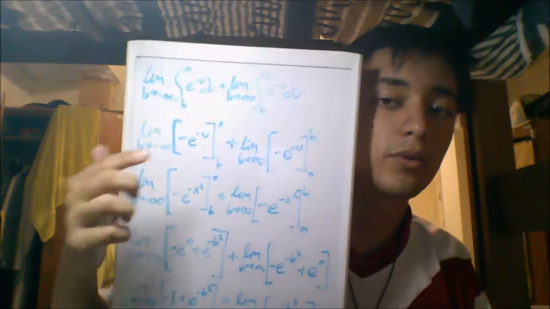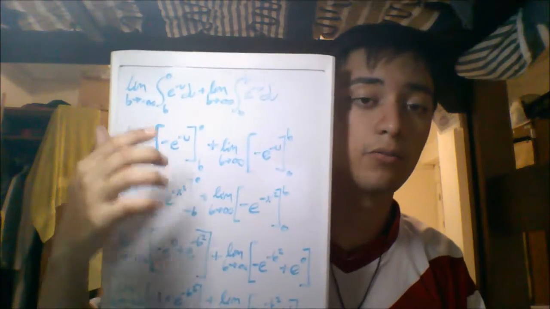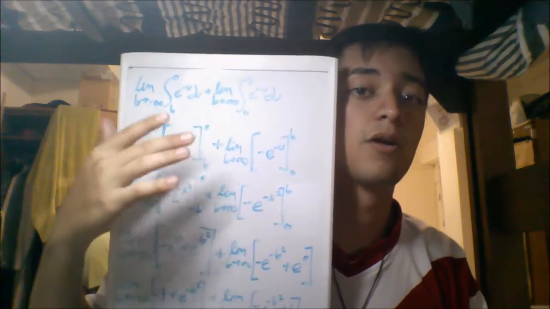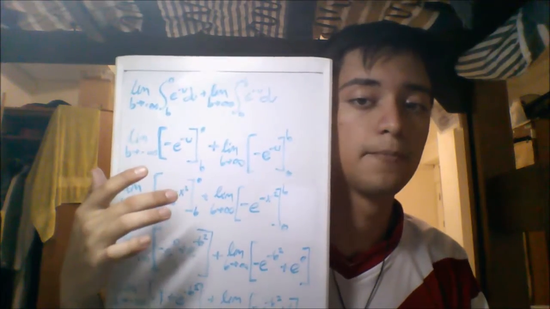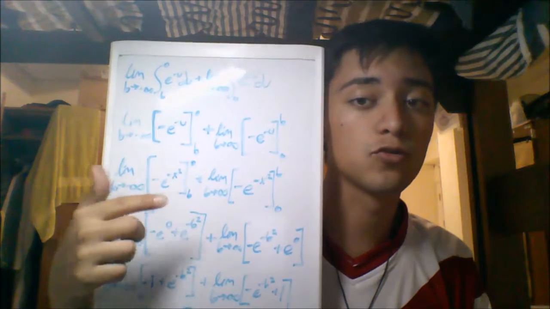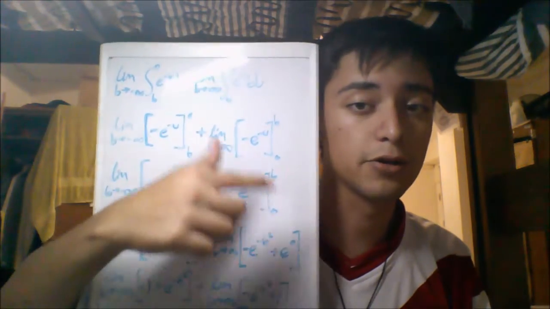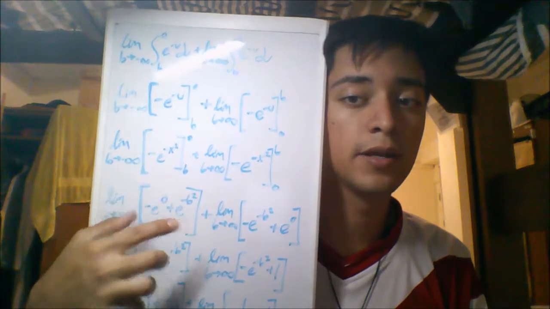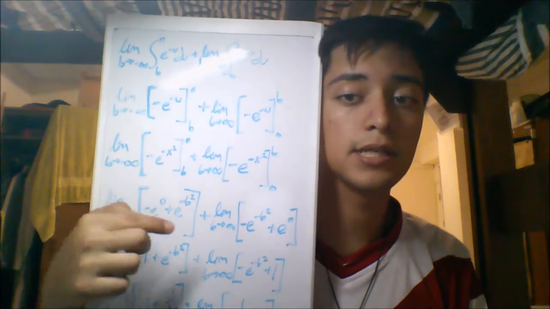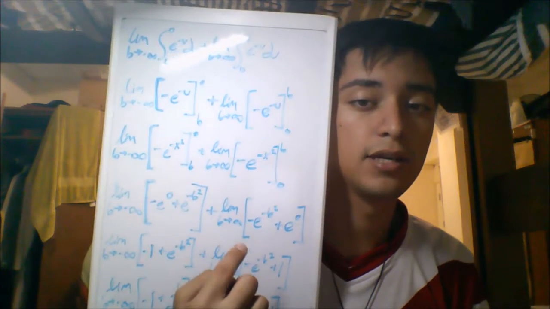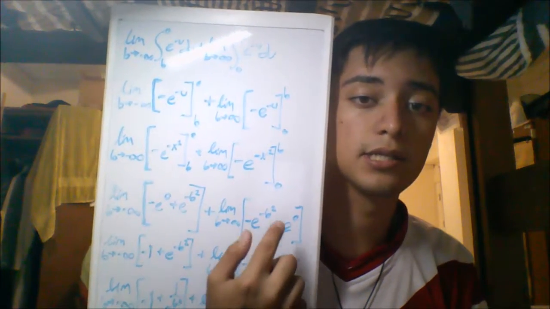Now we can plug back in for our u, which is x squared. After that, we can plug in our intervals from b to 0 and 0 to b, and we have within this limit negative e to the 0 plus e to the negative b squared, and within this limit we have negative e to the negative b squared plus e to the 0.